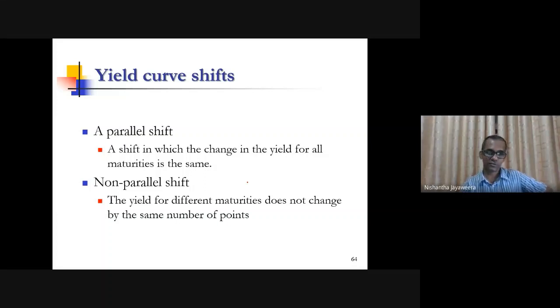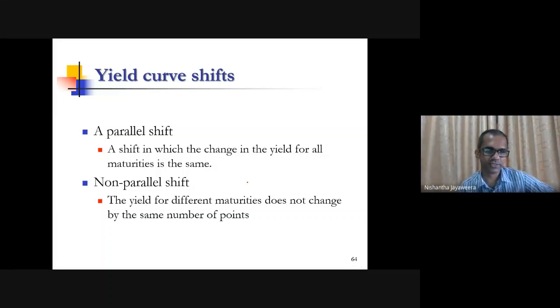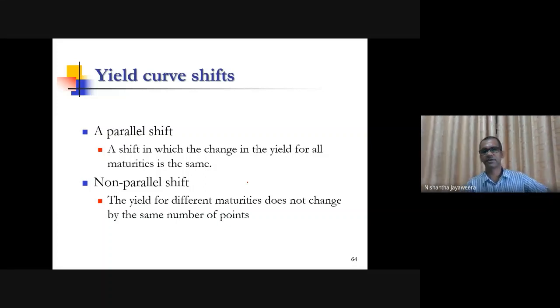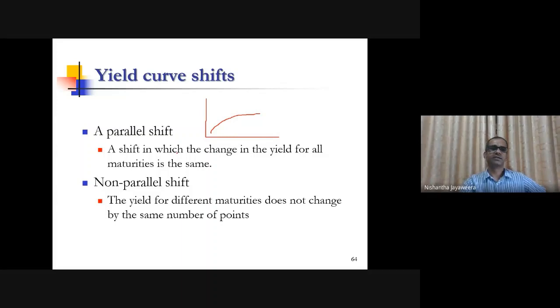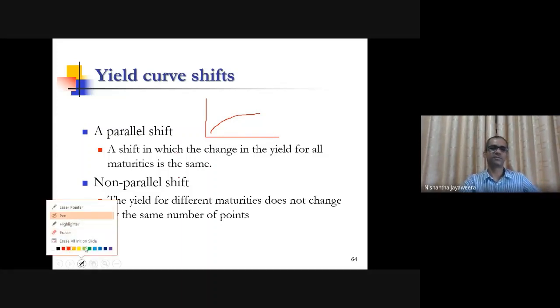Then how do the yield curves change? It won't remain fixed forever. Time to time it changes. In a parallel shift, what do we expect, or what do we see? For each maturity, the yield changes by the same amount. If it is a curve like this, it's an upward shift, assuming it's an upward shift.